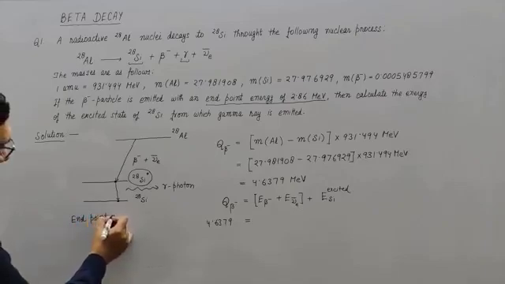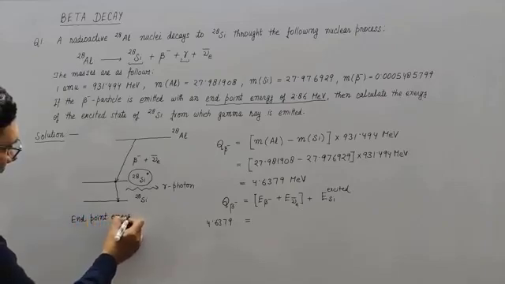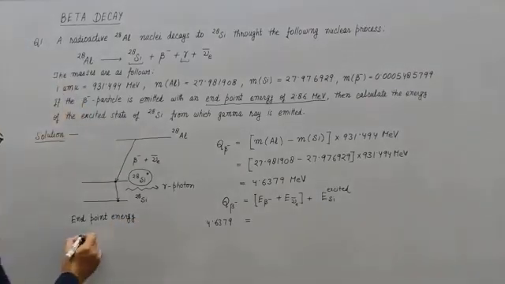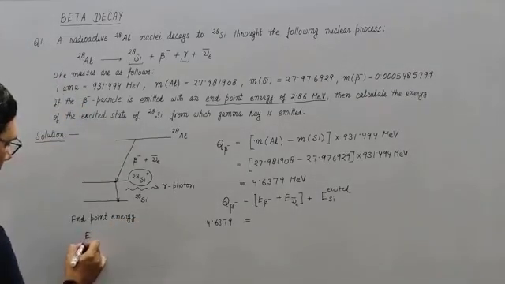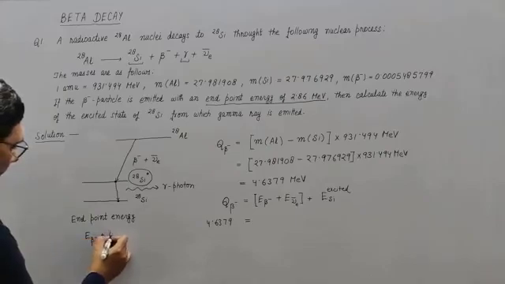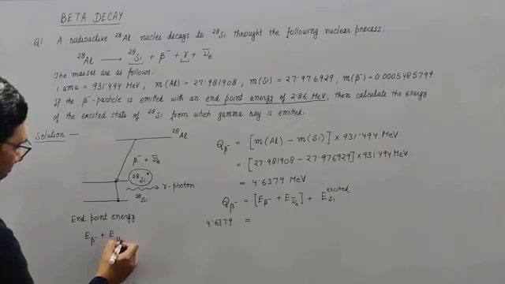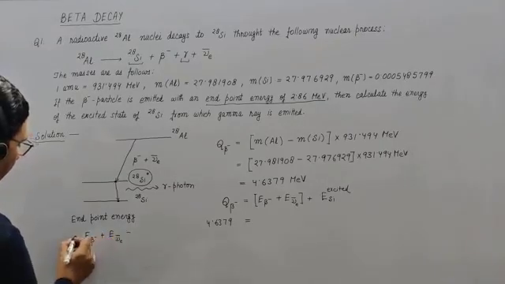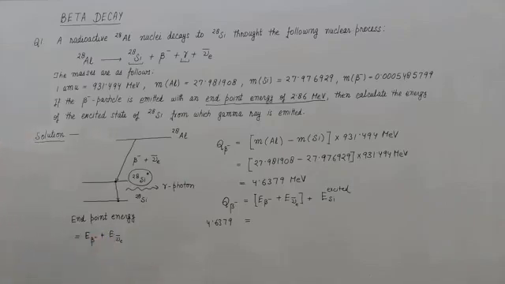You are aware that the endpoint energy from the beta particle energy spectrum is always equal to E of the beta minus particle plus E of the neutrino, the antineutrino. This is known as the endpoint energy.